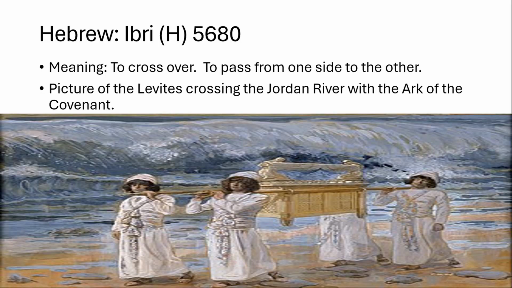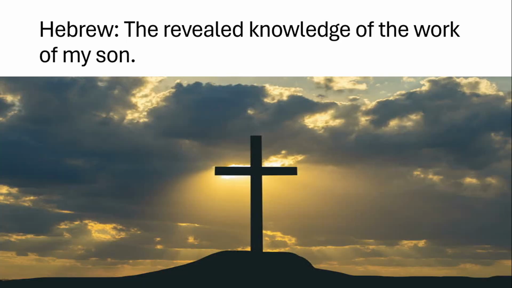So the definition we're given is that it means the people that crossed over. But in pictograph form, goodness, these are the people that have the knowledge and understanding of my son. That's what God is telling you. Okay. So that's the first thing they tell you about Abraham in verse 13, that he's a Hebrew.